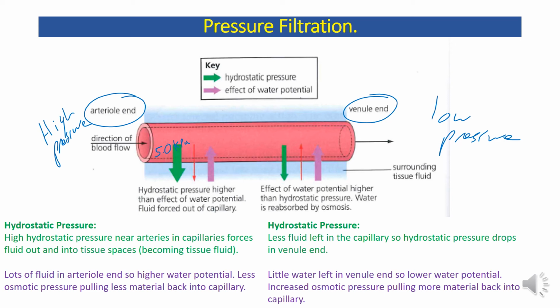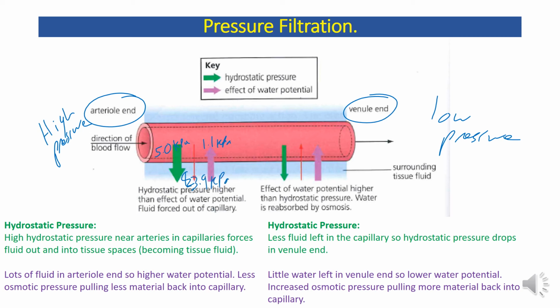This is very small, so let's say it's 1.1 kilopascals. We'll explain why that's small in a second. Well, that 1.1 kilopascals means that overall this side has an outwards movement of, can't do my maths, 3.9 kilopascals.